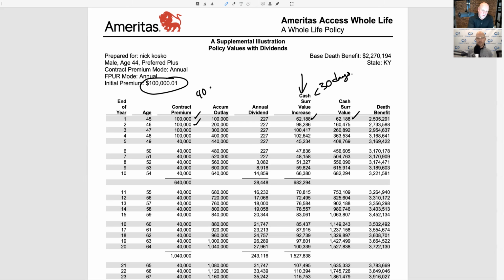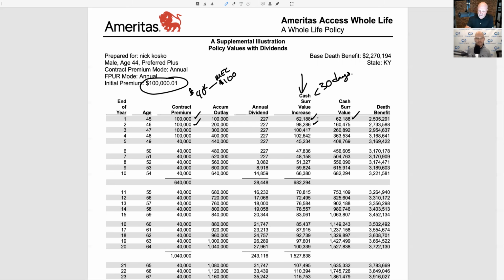But annually you would put in anywhere from 40 and then up to the MEC line, which would be higher than the 100,000 a little bit. But we like to tell people from 40 to say 100. That's my range. All right, cool. Now I'll stop interrupting you. No, it's good. So the next year I put in 100, I have $98,286. Just about like my checking account at that point.